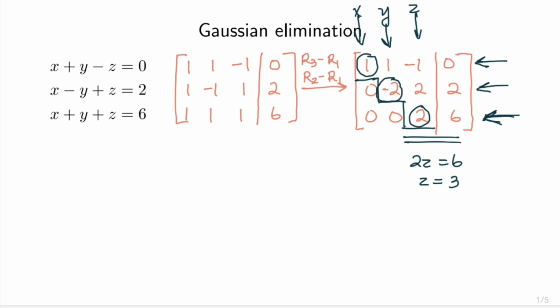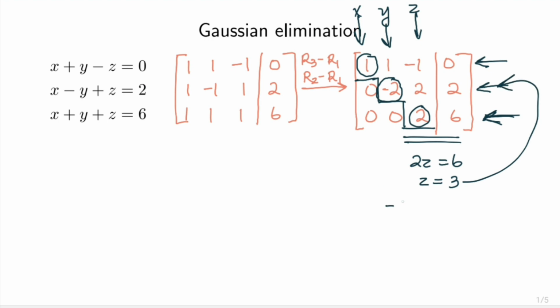And so it means that once you have a leading entry, you eliminate that entry from all the rows below. In the same way, because we have this leading entry minus 2, all the items below the minus 2 are 0. So we've eliminated it from all the equations below. And then we finally end up with the last one, which gives us z equals 3. Now we can put the z equals 3 into this equation. And when we do that, what do we get?